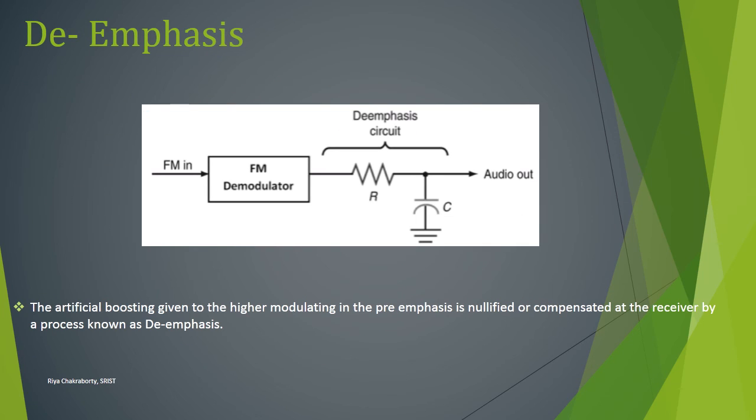Now, the next part is de-emphasis. The artificial boosting given to the higher modulating frequencies in the process of pre-emphasis is nullified or compensated at the receiver by a process called de-emphasis.